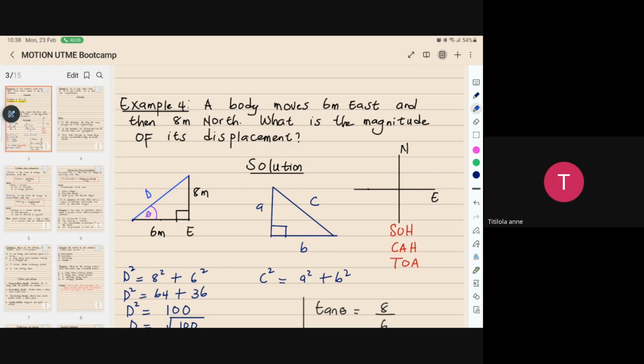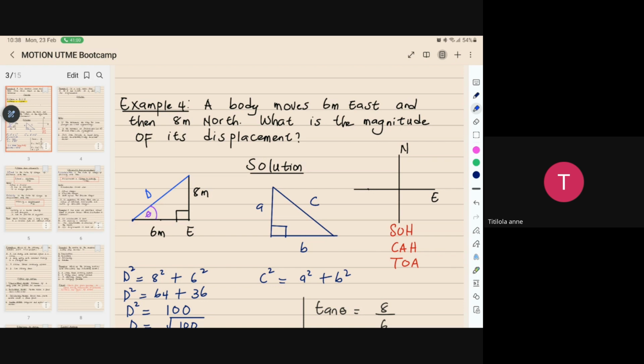But now you've moved from east and entered north, or from west and entered south. You're no longer moving in a straight line. That's a perpendicular line, and they make an angle of 90 degrees. So anytime the movement forms a right angle triangle, that means it's going to require you making use of Pythagoras theorem.